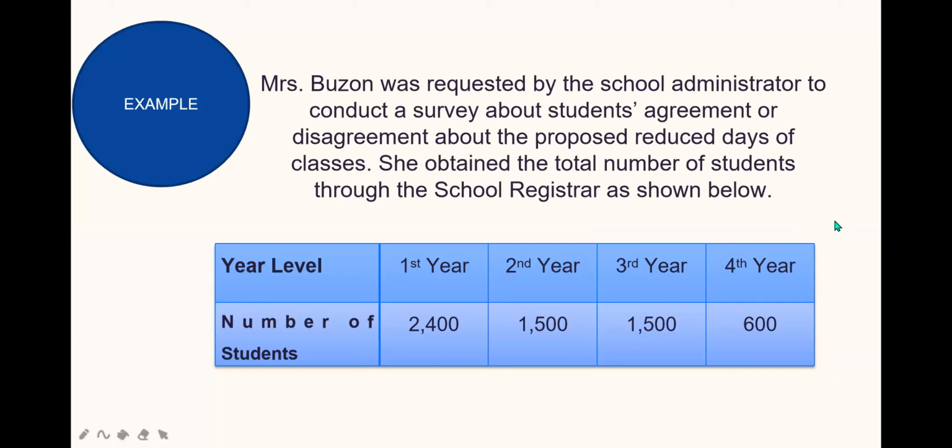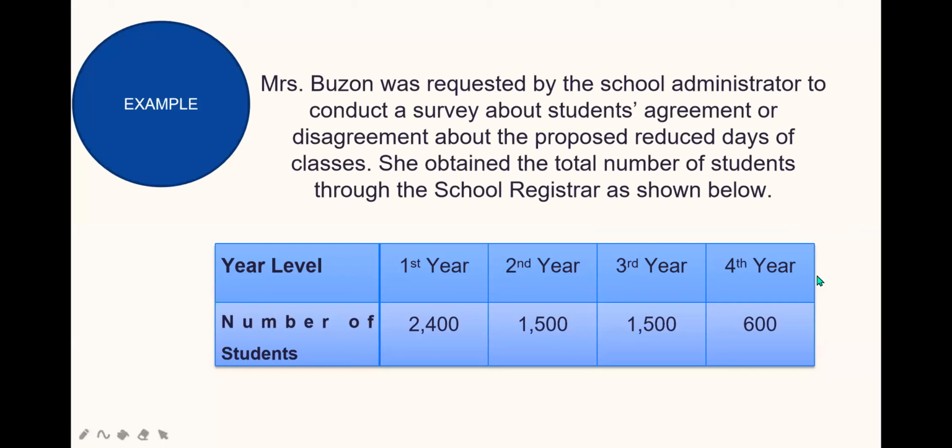Mrs. Buson was requested by the school administrator to conduct a survey about students' agreement or disagreement about the proposed reduced days of classes. She obtained the total number of students through the school registrar as shown below.